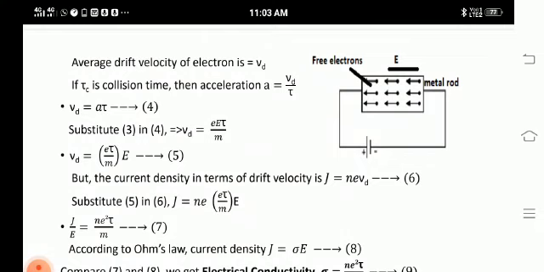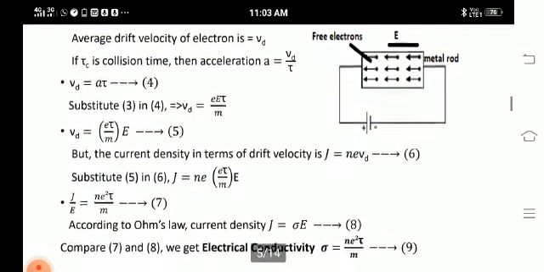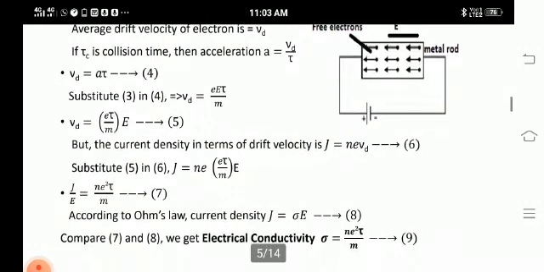As we already know, current density J is equal to n e Vd, where n is number of electrons, e is charge of electron, and Vd is drift velocity. By substituting the Vd value, that is equation number 5, in equation number 6, we can get equation number 7, that is J by E is equal to n e square tau divided by m.